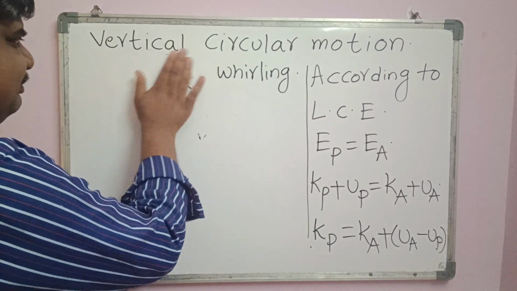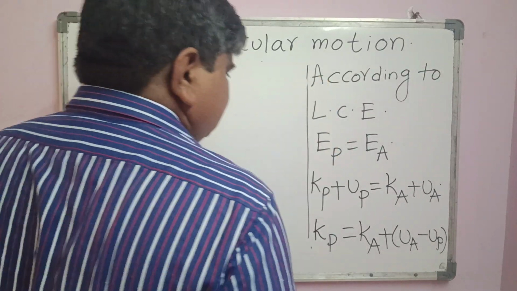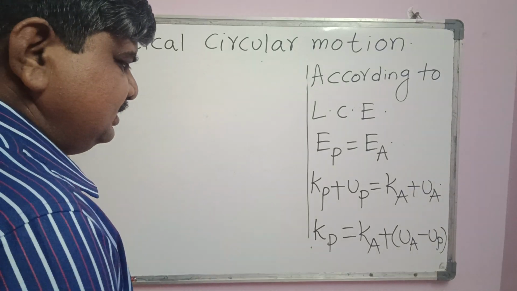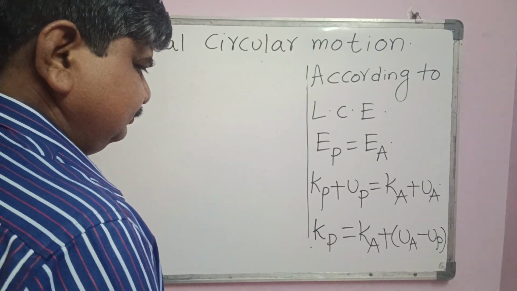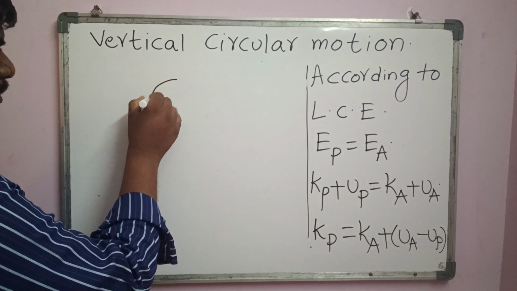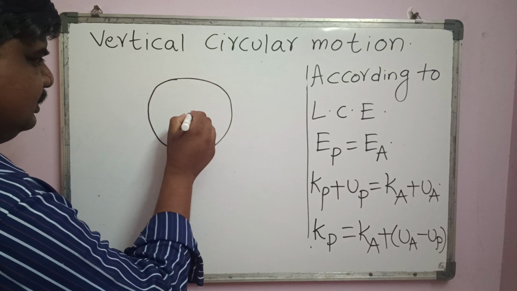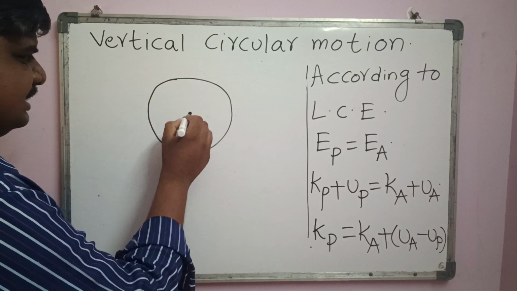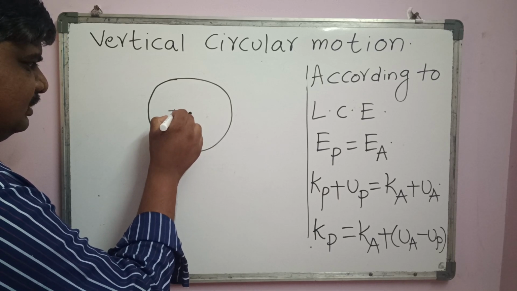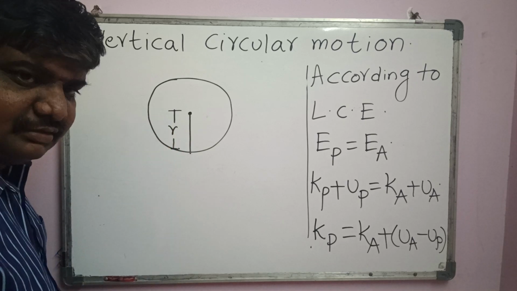Let me rewrite the diagram again. In such cases, suppose this is the circular path in vertical circular motion. This is the center, and here is the radius r; the length of the string becomes the radius of the circular path.